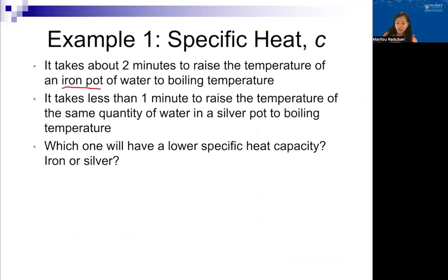So you have here an iron pot and a silver pot, and you want to boil water using each. It takes 2 minutes to boil the water in the iron pot, and less than 1 minute in the silver pot. Which one will have a lower specific heat capacity? Is it iron or silver?